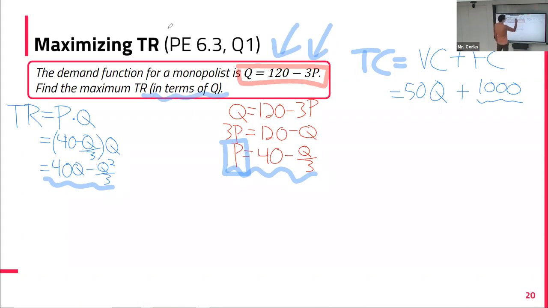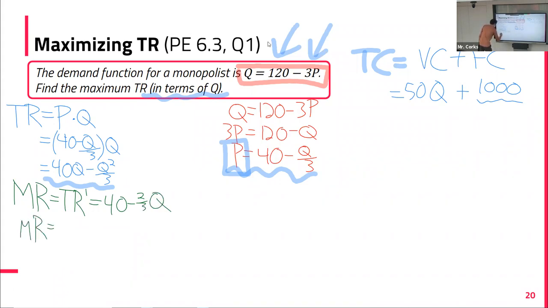All right. Okay, so a little bit of rearranging, but the rest of this process is going to be the same. We will just find our marginal revenue, which again is the derivative of total revenue, which is 40 minus 2 over 3 Q. All right, and we set that equal to 0.